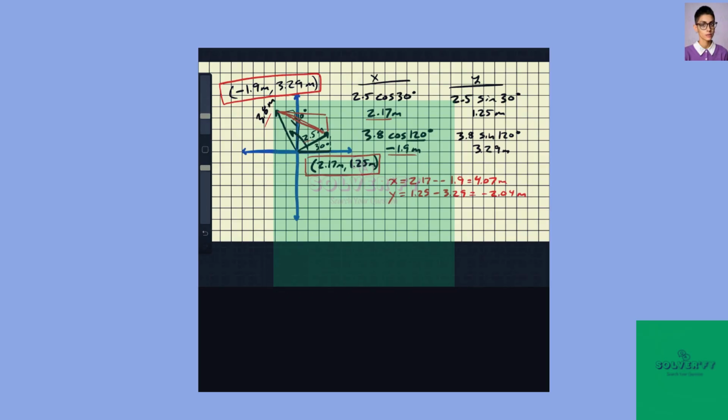These are in meters. And then all we have to do is use Pythagoras. The distance then is 4.07 squared plus minus 2.04 squared. And then we take the square root of the whole thing, and we get a total distance of 4.55 meters. And that's how you do it.